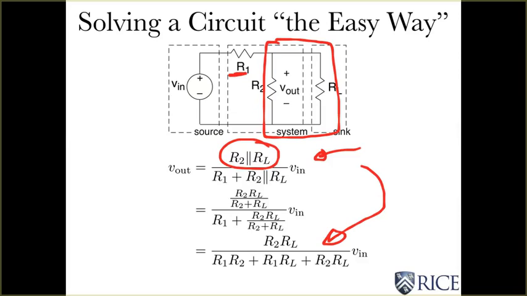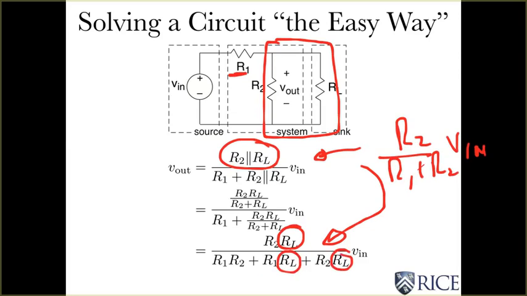Well, that doesn't much look like the result that we had before, which was R2 over R1 plus R2 times Vin. So when is there a situation as we change RL that this result looks like that?